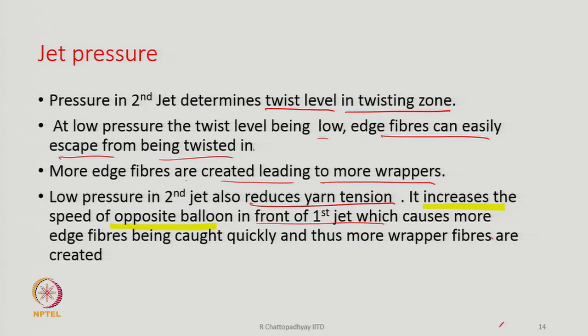See, the yarn trajectory within the jet house is not a straight path. The yarn is actually following a spiral path within the jet also, and outside the jet in front of the first jet and the front roller, the yarn will be seen to rotate, forming a balloon, small balloon.